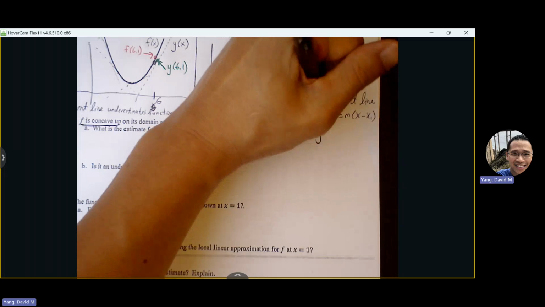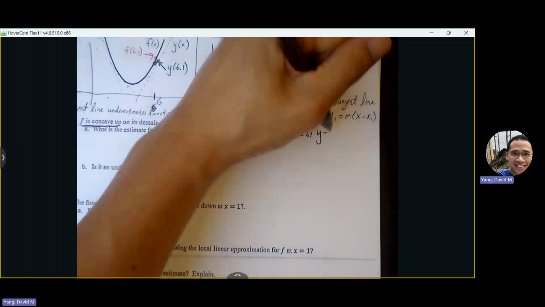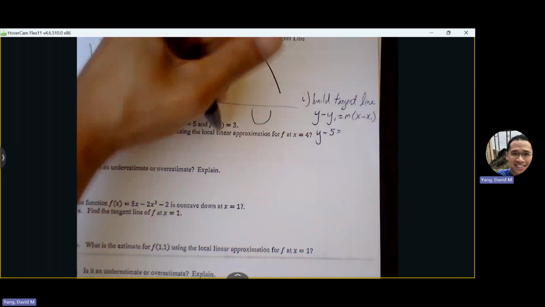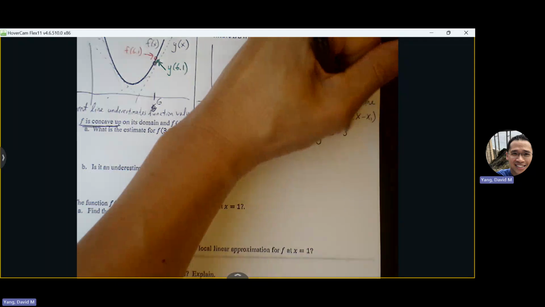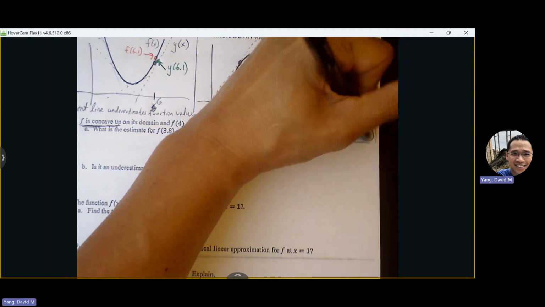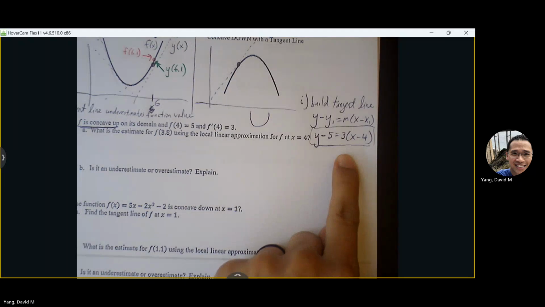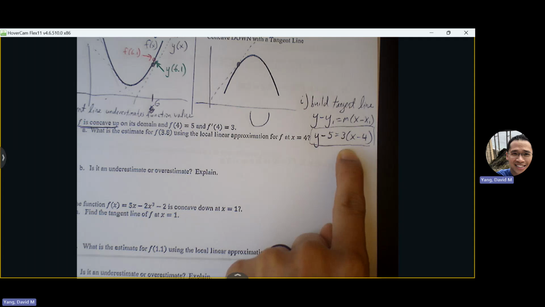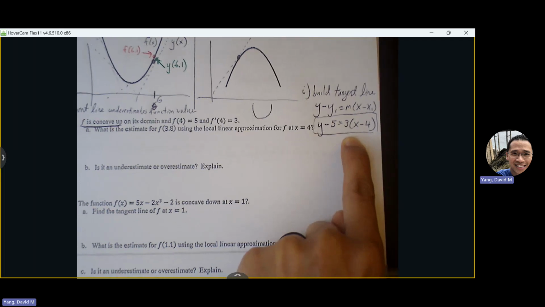So I can say y minus 5 is equal to my slope, which is 3, times x minus 4. And this is the first piece that I need. We already know how to do this, right? This is nothing new. We've been working on this ever since the derivative quiz.